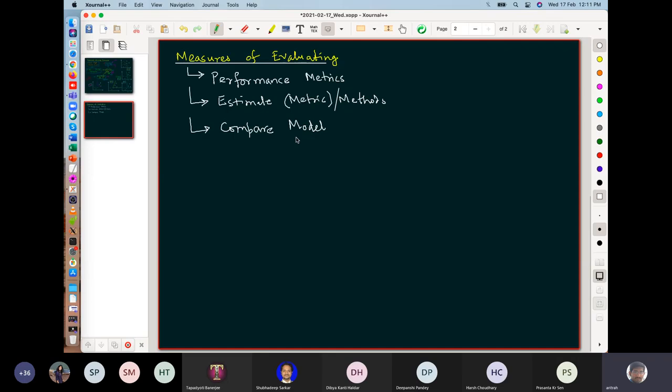First of all, let us concentrate on how we can design a particular performance metric. One of the traditional performance metrics that people use is called the confusion matrix.